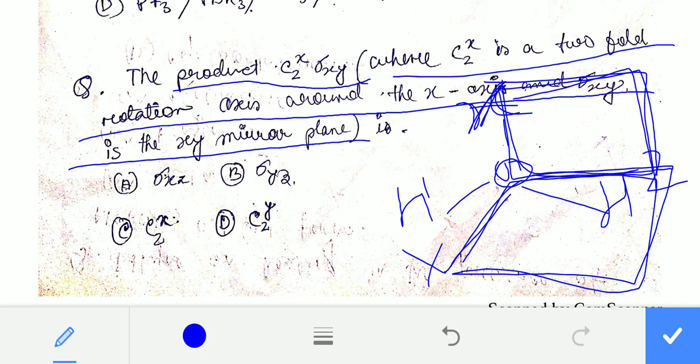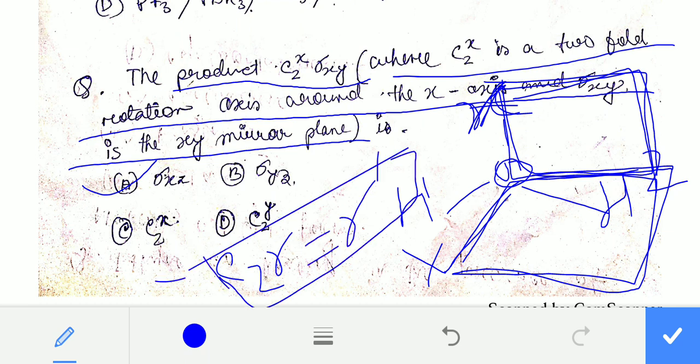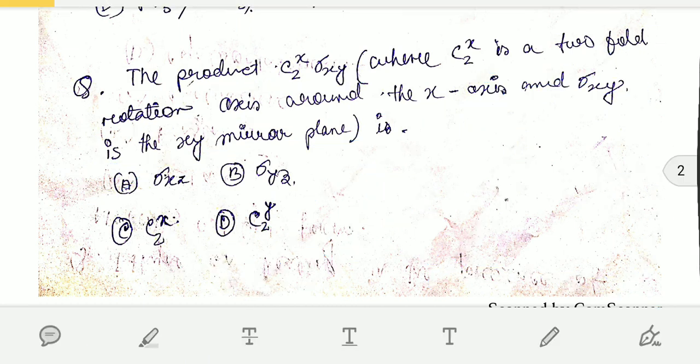So for this question, option A will be the right option, since we know C2 sigma equals sigma dash, right? This is from group multiplication, right? For this question, option A will be the right option, sigma xz, right? So moving to the next question.